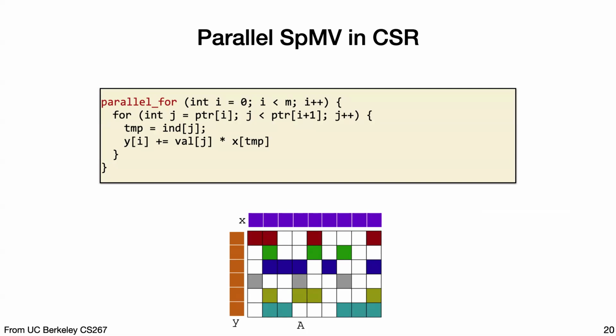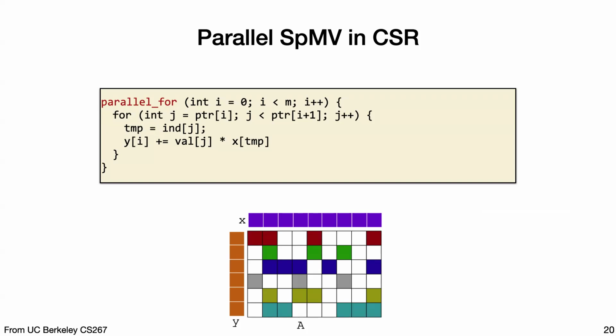So what is contributing to every entry of Y is one row of A and some stuff in X. We are only reading X, so you can just read it for free in parallel. And if every processor is handling one entry of Y, then it just needs X and the row of A to do that. So that's why you can just put this here.